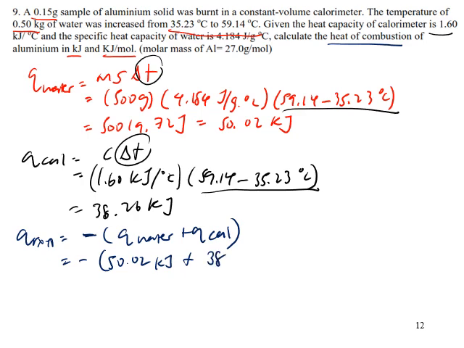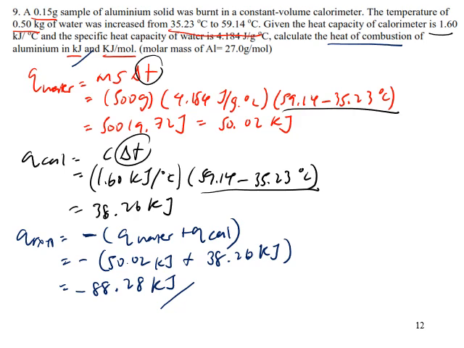Q cal, 38.26 kilojoule. Okay, add up together, we'll get negative 88.28 kilojoule. So this is the first answer they want in kilojoule.